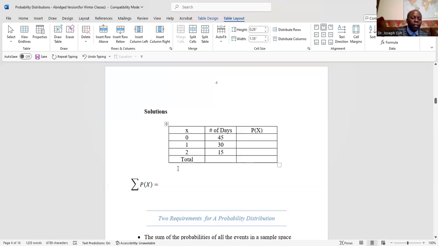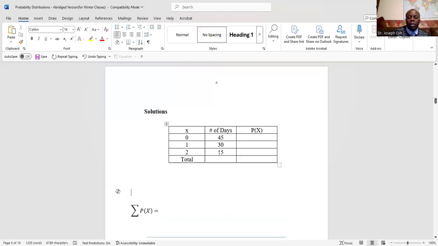So the first thing is to find the total before you can calculate P(X). We have the number of days they rented no chainsaws, 45 days. So 45 plus 30 and 15.